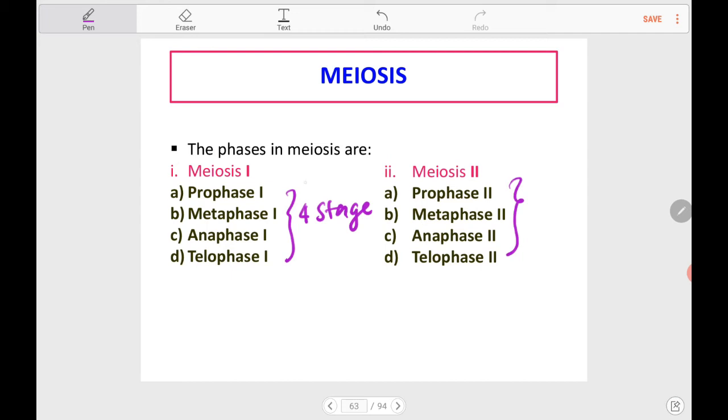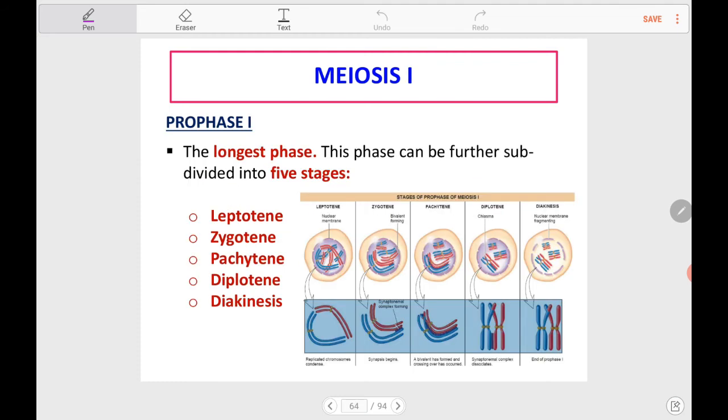Cuma kita letak satu atau dua to denote whether the prophase, metaphase, anaphase or telophase occur for meiosis 1 or occur for meiosis 2.